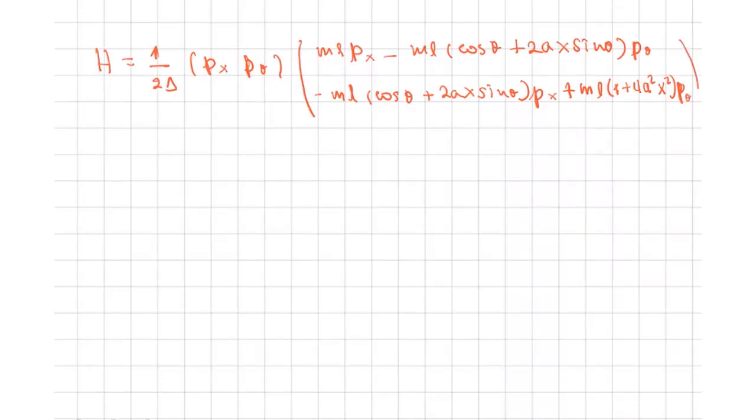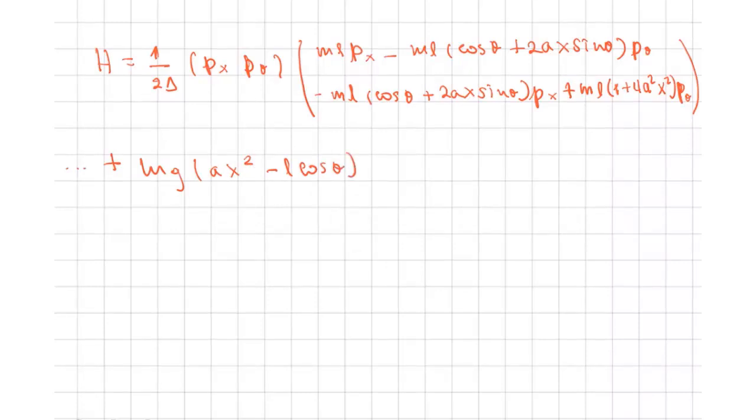Okay, we have that matrix. Okay, plus m g a x square minus L cosine of theta.